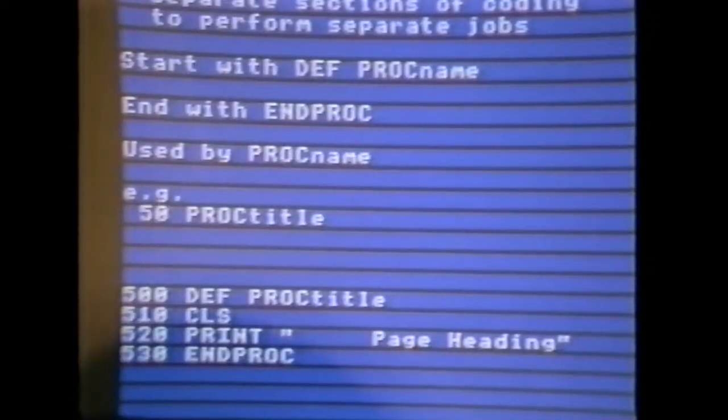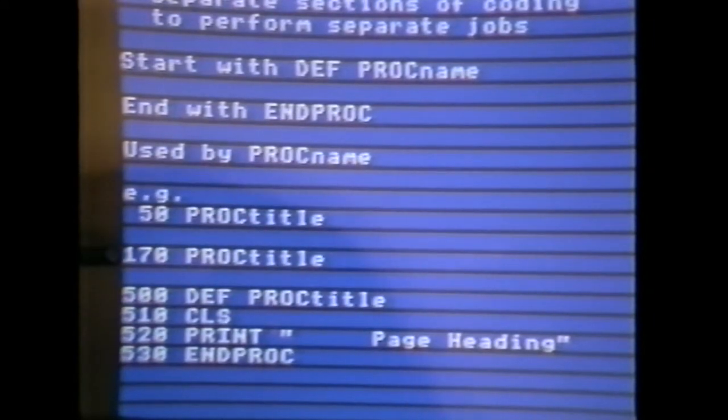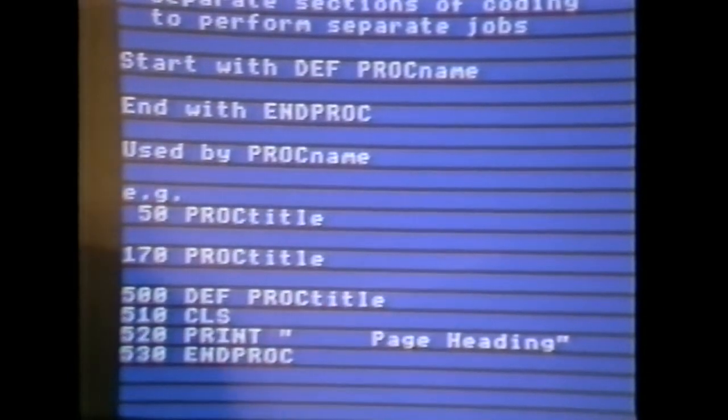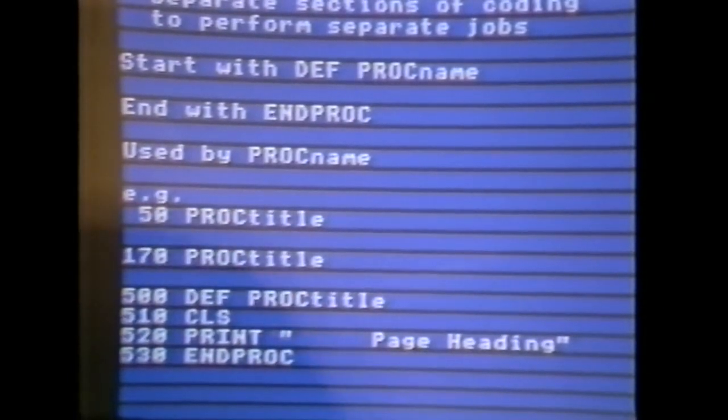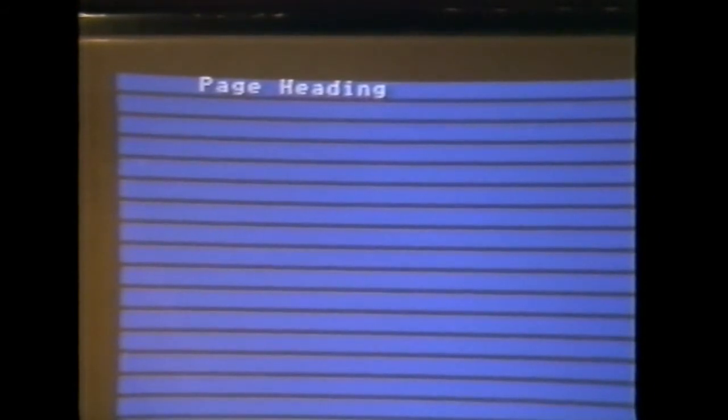For example, at line 170, we might have another reference to PROC title. Again, as soon as our program reached this point, we'd come here and execute these two statements again. So finally, let's have a look to see what PROC title does. Well, it clears the screen and prints page heading at the top.